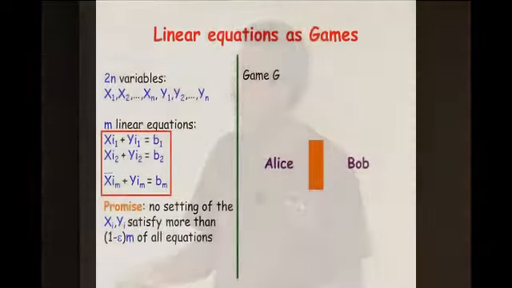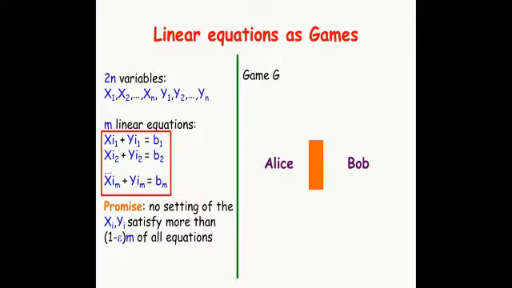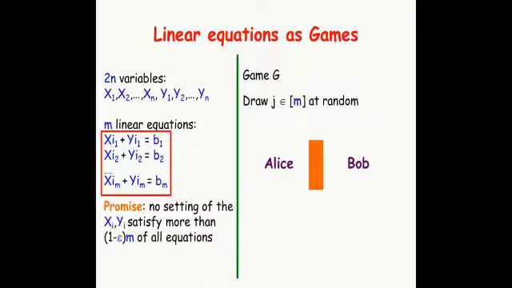I want to interpret this as a game where it's hard for somebody to do something. And this somebody is actually Alice and Bob. So here's Alice and Bob, and here's the game. What I, the referee, do is pick a random equation from this system, let's say the jth one.